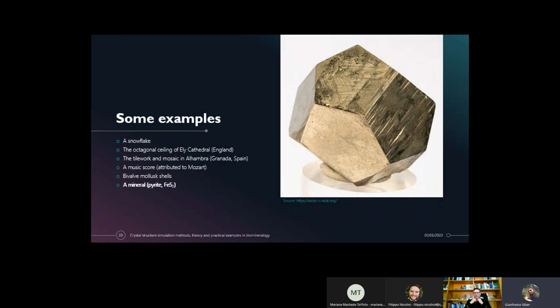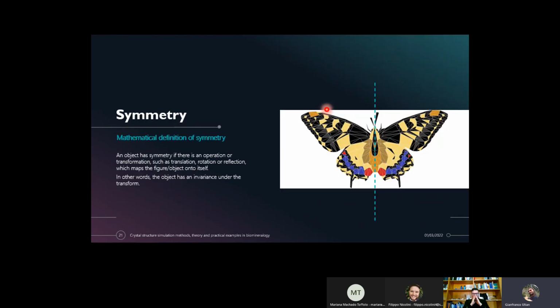And obviously, from mineralogy, we have minerals. I already talked about cubic and octahedral pyrite, but also other shapes are present in nature. So we already made this mathematical definition of symmetry.